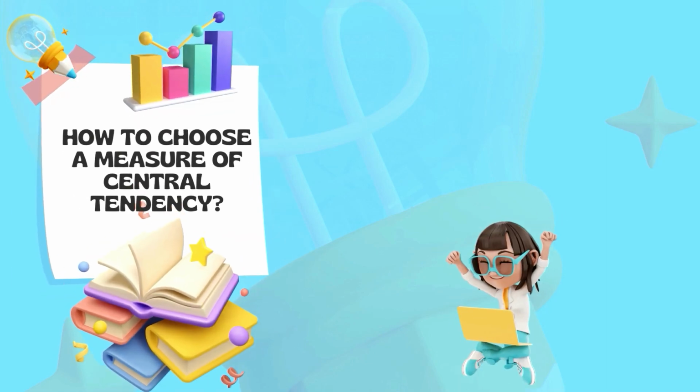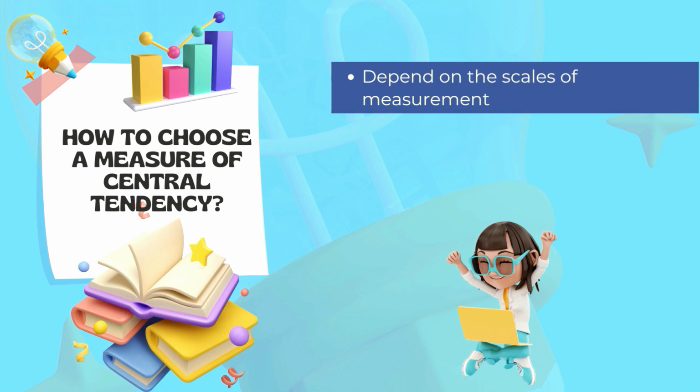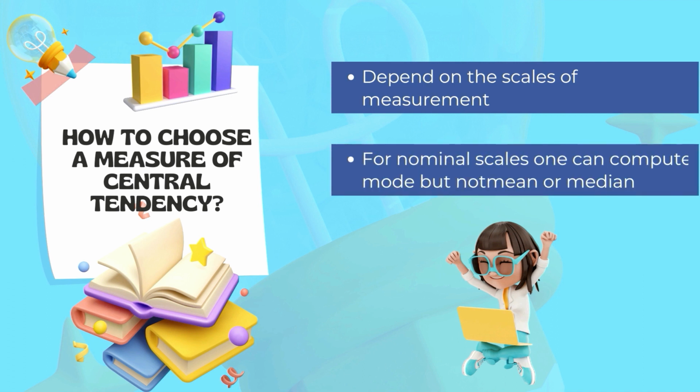The first criterion that should be taken into consideration is the scale of measurement. Whatever data you have collected, you first have to identify which scale you have used to measure it. Suppose your data is in nominal scale, ordinal scale, interval scale or ratio scale.